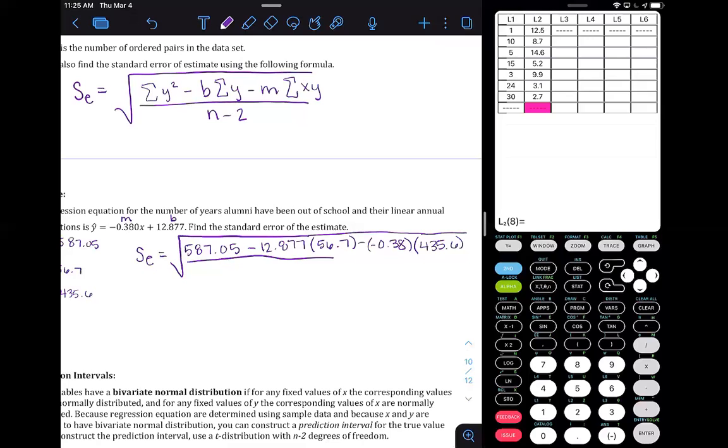And that's all over 7 minus 2. And then it's just calculator.